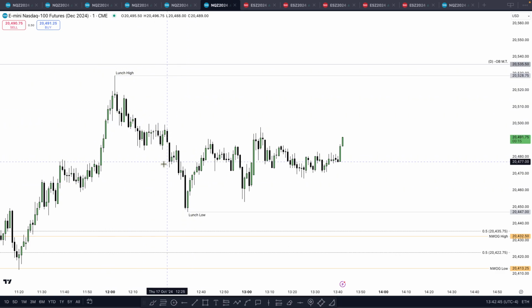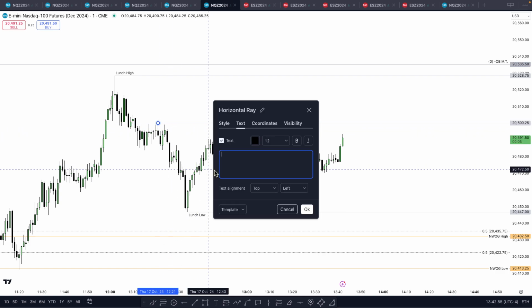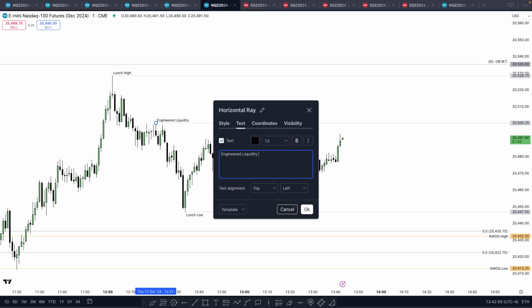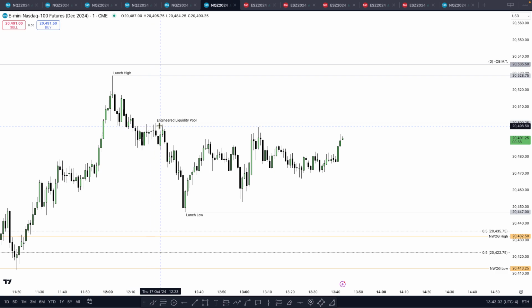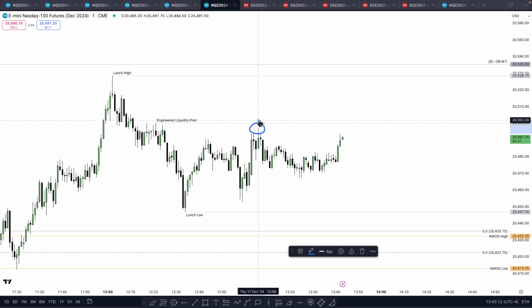If I'm just looking at this fractal price for the lunch session, what I do see here is these internal highs, right? And I guess I should just put this on. I'm looking at these as an engineered buy side liquidity pool, and I'm referring to these highs here and this high here falling just short.